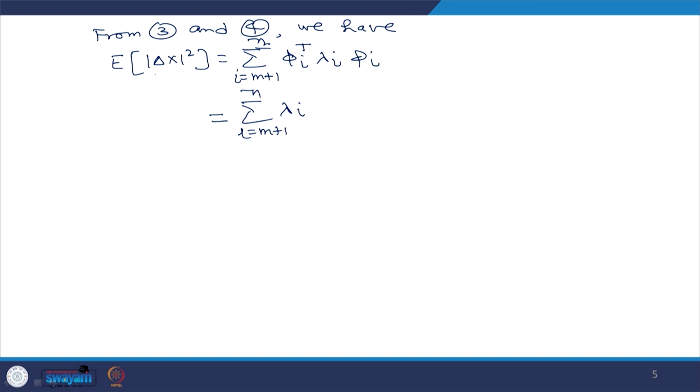So, now mean square of the representation error is the sum of the eigenvalues.